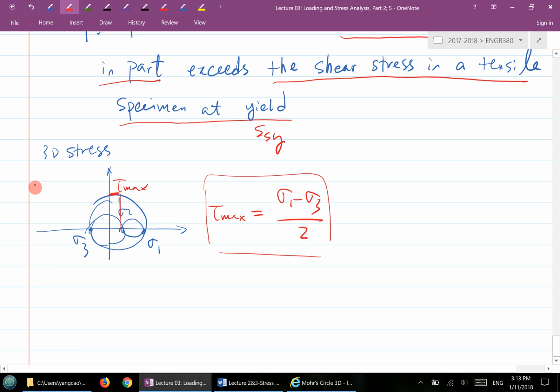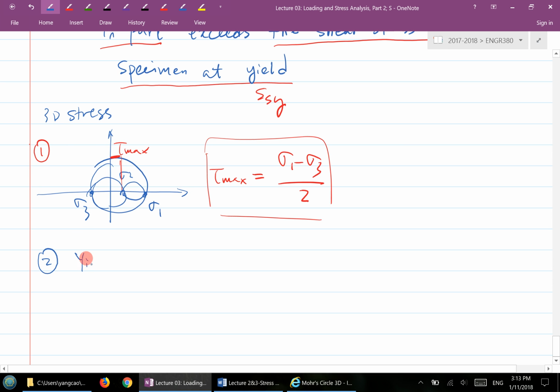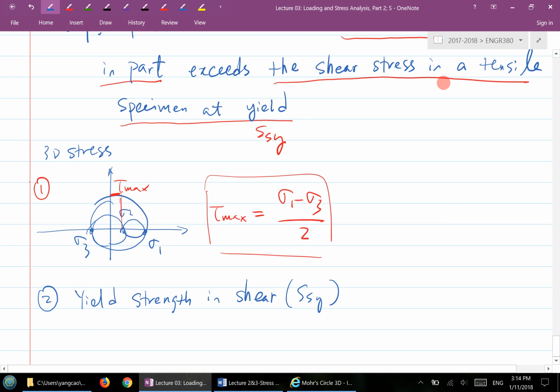So basically, this is the first quantity, and the second quantity here is the yield strength in shear, SSY. So where is this SSY from? If you read the language here, it's from a tensile specimen at yield.